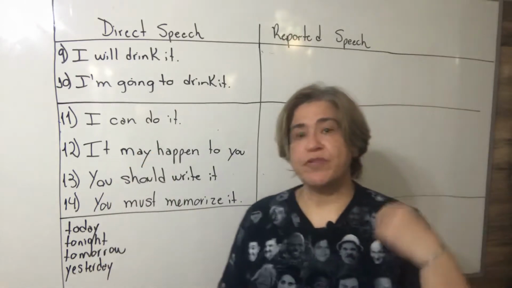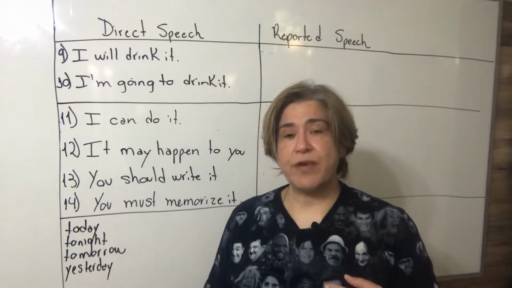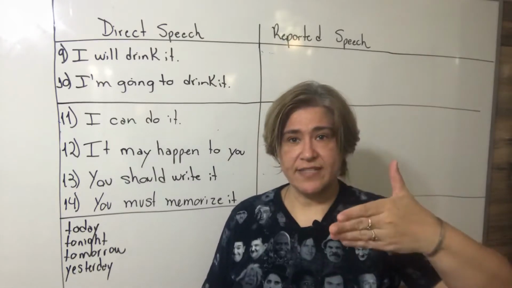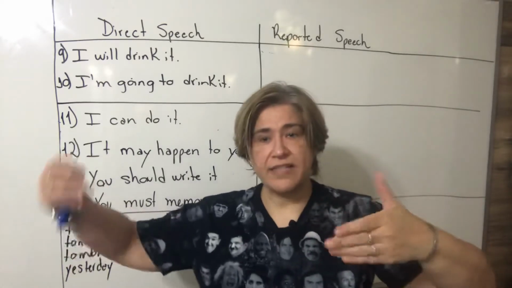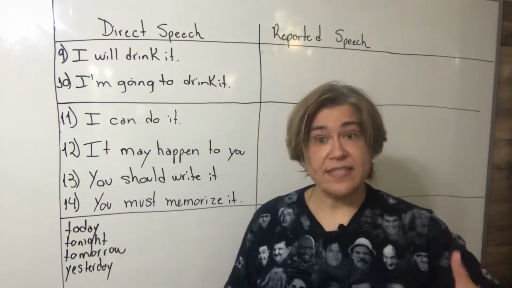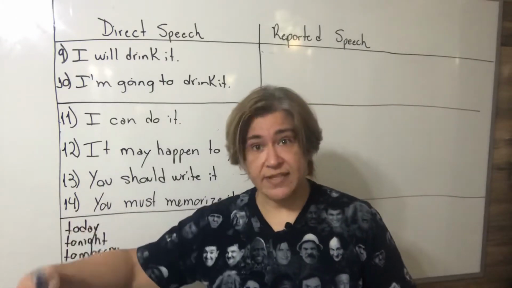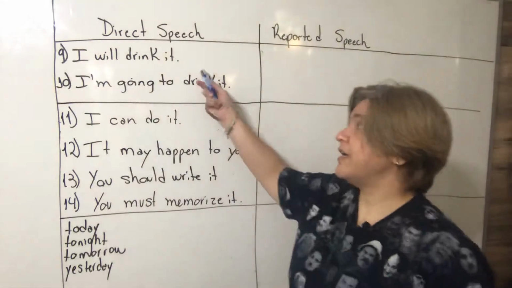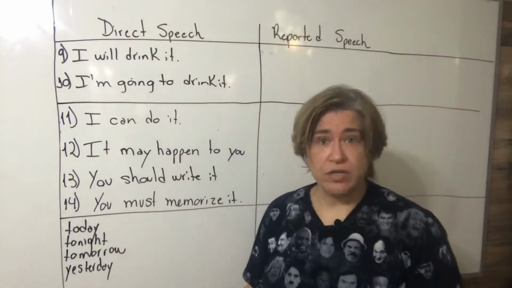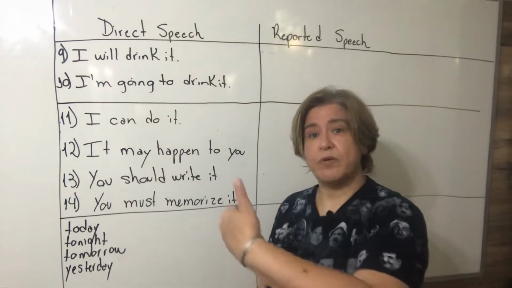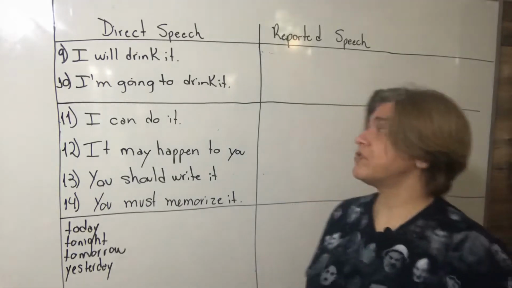In the previous video we practiced all the present tenses and the equivalent in past. Now I have two sentences about future, and we are going to see the probable past of these futures.